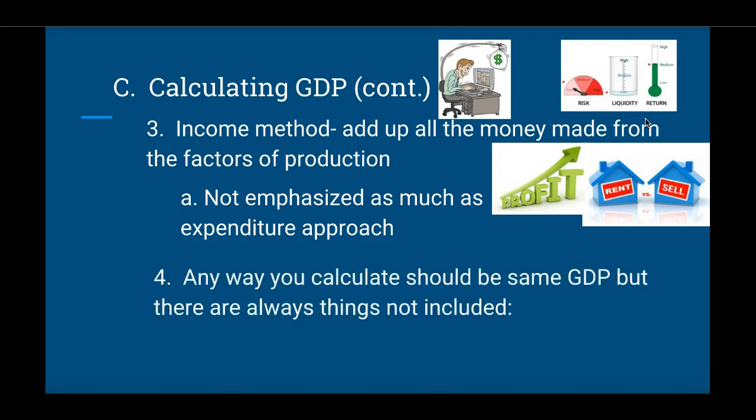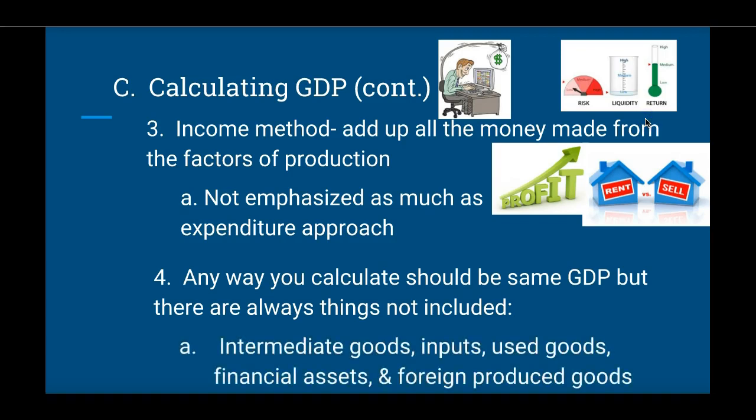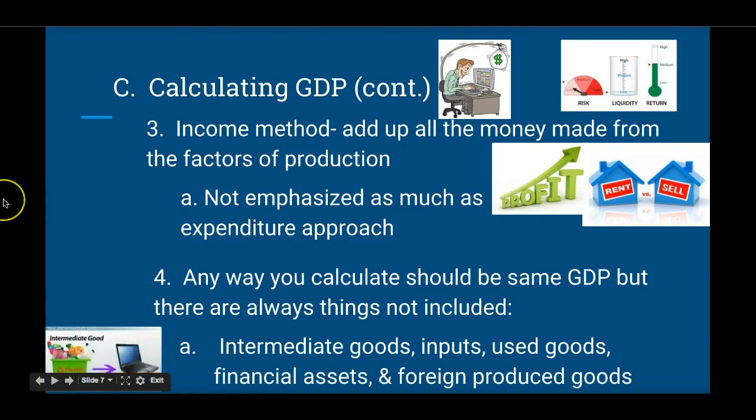All right, now as a whole, any of these methods are going to be calculating GDP, and all of them should basically calculate it the same way, but for all of them, there are generally things that are not included in GDP. Those include, for example, intermediate goods. Those are goods and services that are being used to provide other things. For example, this plastic that is being used to make this computer is an intermediate good.